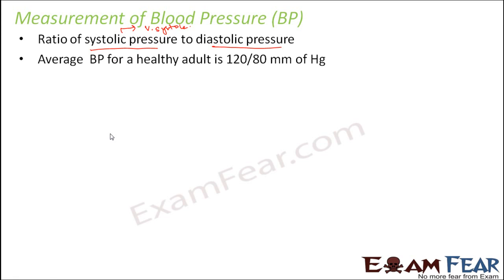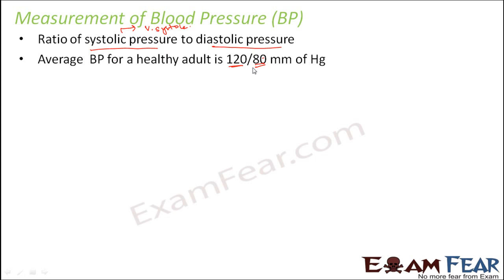Now the average blood pressure for a healthy adult is 120 by 80 millimeters of mercury. So what is this 120? 120 mm of mercury is the pressure under which blood comes out of the ventricles, and 80 is the diastolic pressure, that is the pressure which remains with the ventricles when they start to relax.